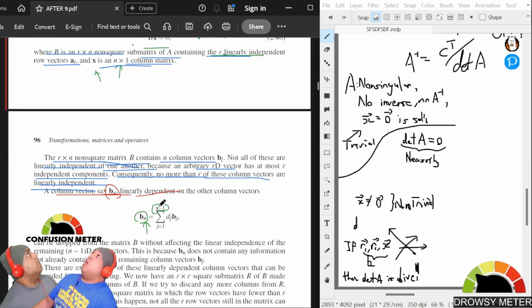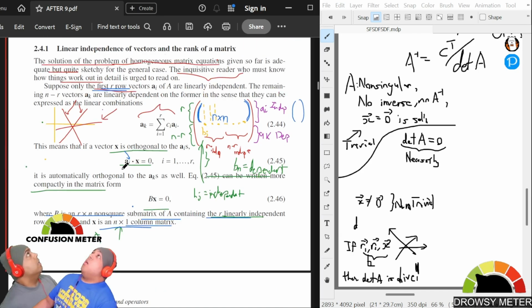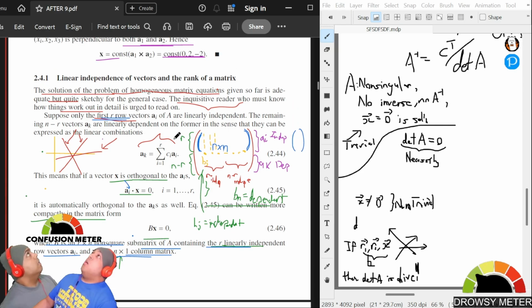Does that mean we're summing up the first 4 guys, even though only the first 3 guys will do the job? Should it not be j equal 1 to r?